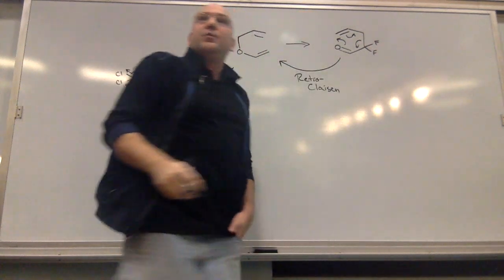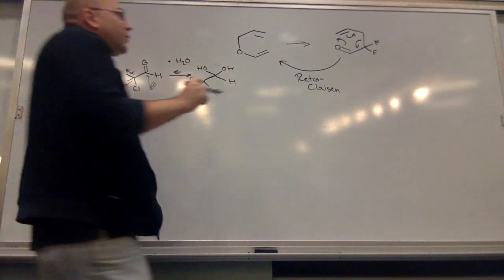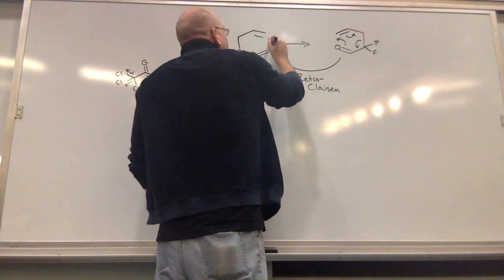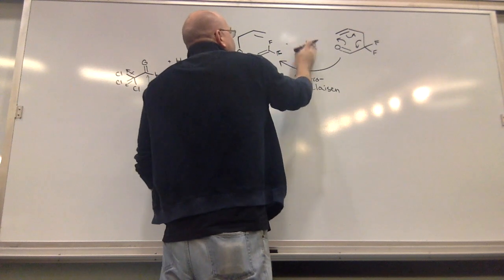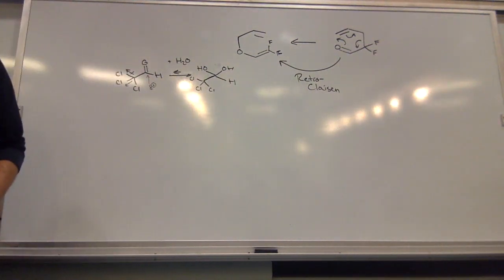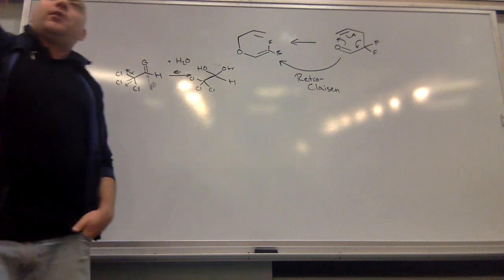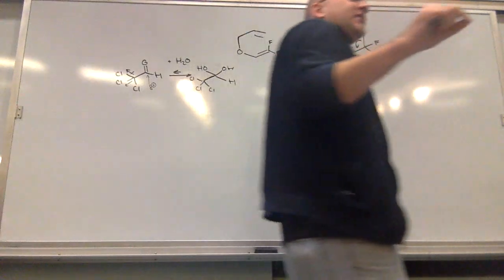I have no idea if this would work or not, but I would imagine it probably would. I'm going to look to see if this is actually known or not. Whether it's known or not, it's certainly a rational thought process behind how we could shift the equilibrium in that way. So electronics would be maybe one way that we could get it to go in that opposite direction. That was one thing that I was thinking you guys might come up with.